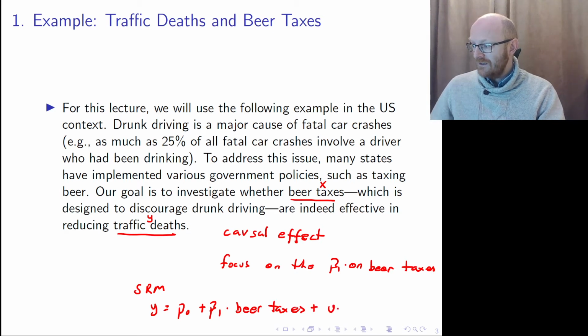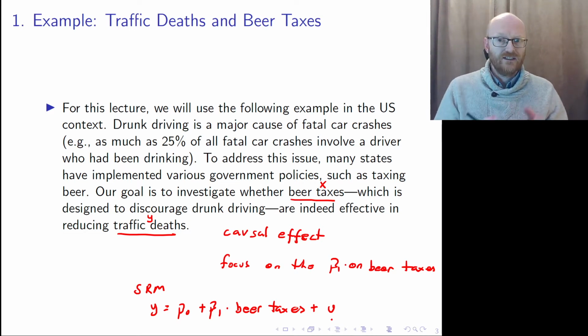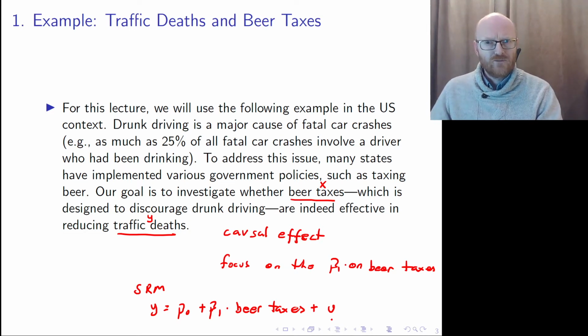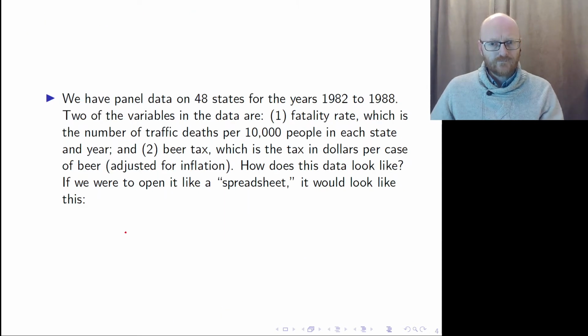But in this regression, the error term u, we would have a lot of omitted variable bias, probably, because we only have one x variable trying to explain the traffic deaths. So what do we have?